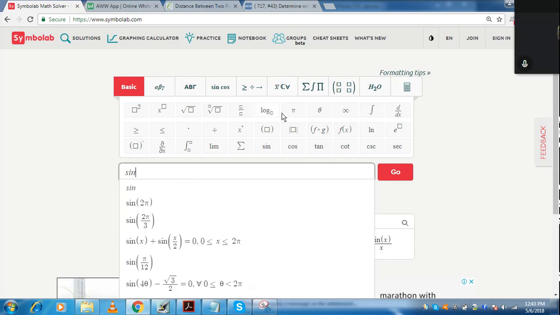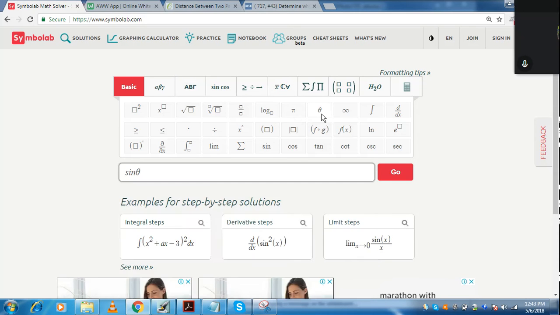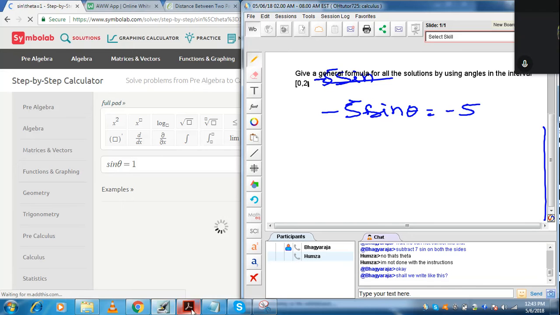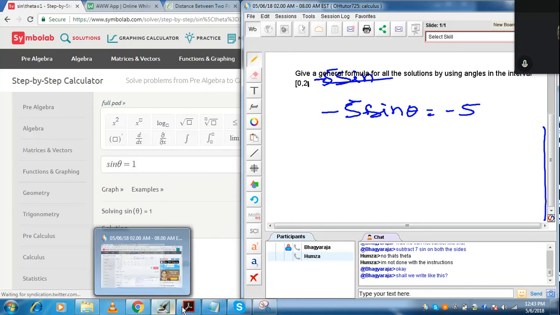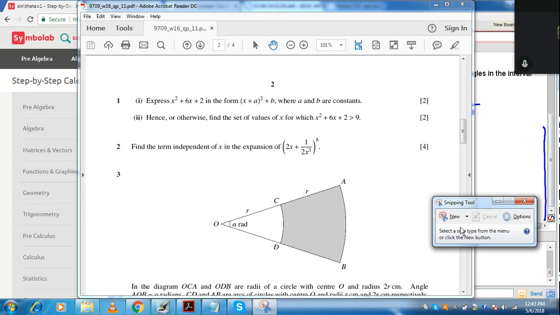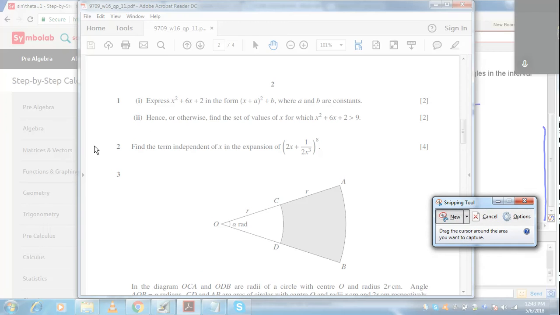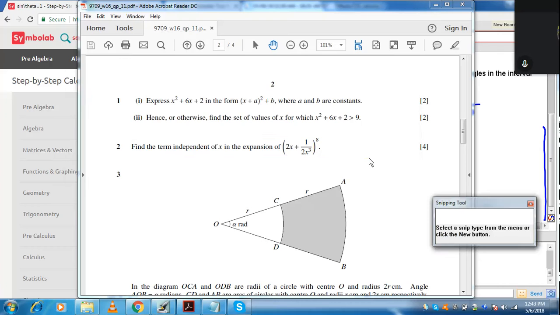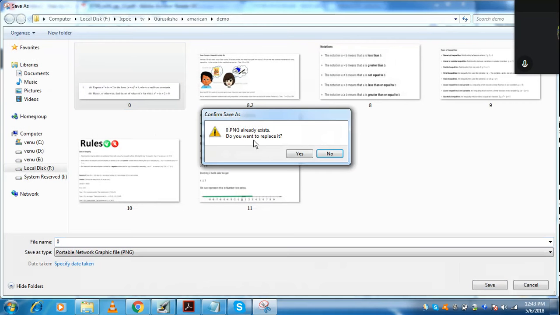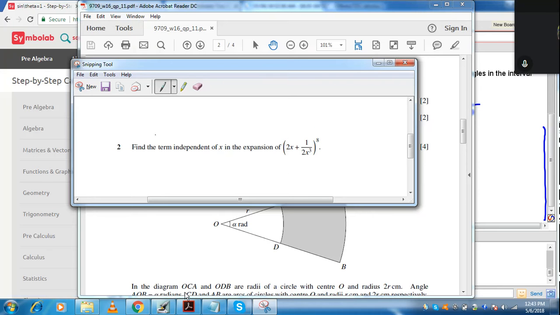Okay, so let me upload the next one. And this question has already been done many times. Try to solve it yourself and take your time.